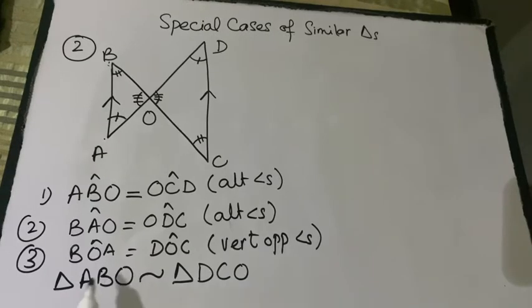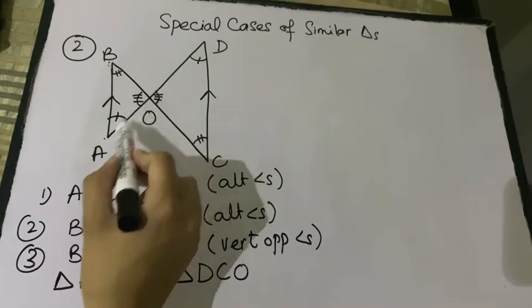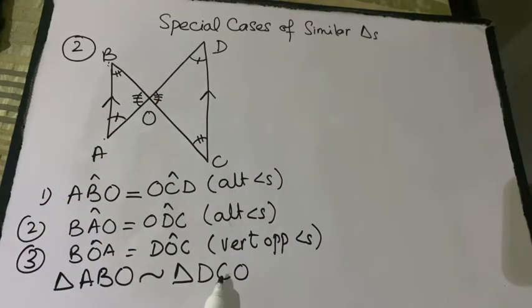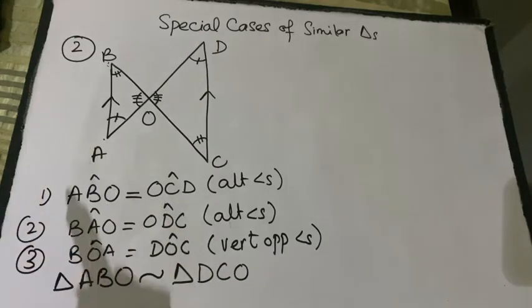So keep this thing in your mind that you have to see whether the order of the triangle is matching with the order of the other triangle. On the basis of this information, you can write that AB over DC is equal to BO over CO is equal to AO over DO. That was the second special case.